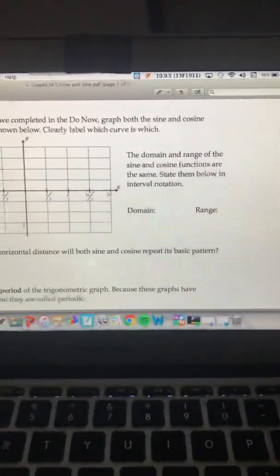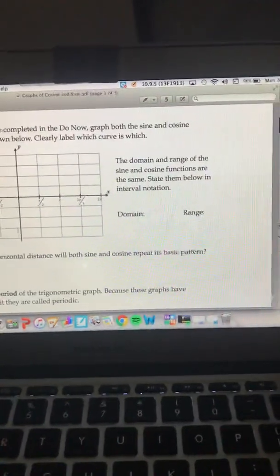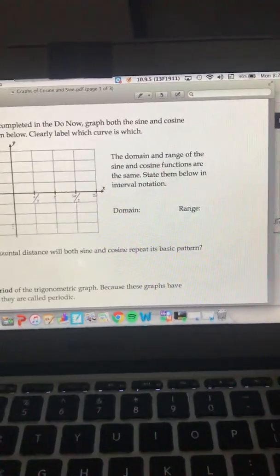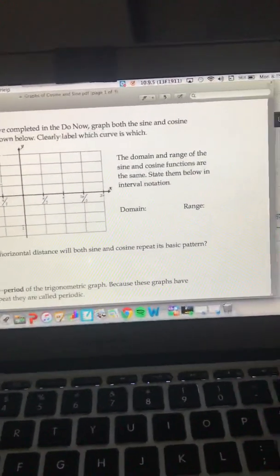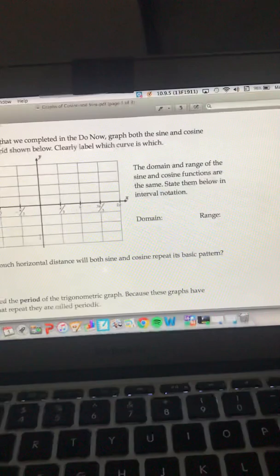It has that pattern. Okay, so now I want to know what the domain and range of sine and cosine are, and we want to state them in interval notation. So the domain should be very simple for you guys. Why am I saying that it should be very simple?